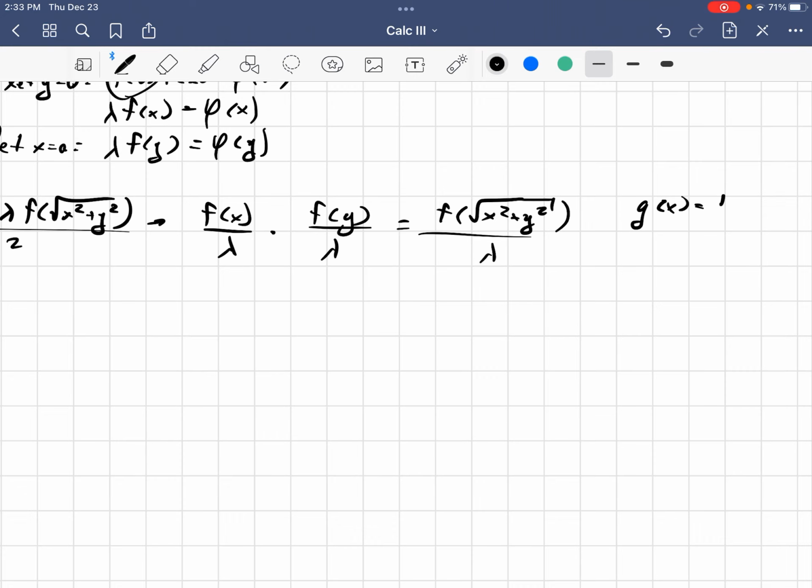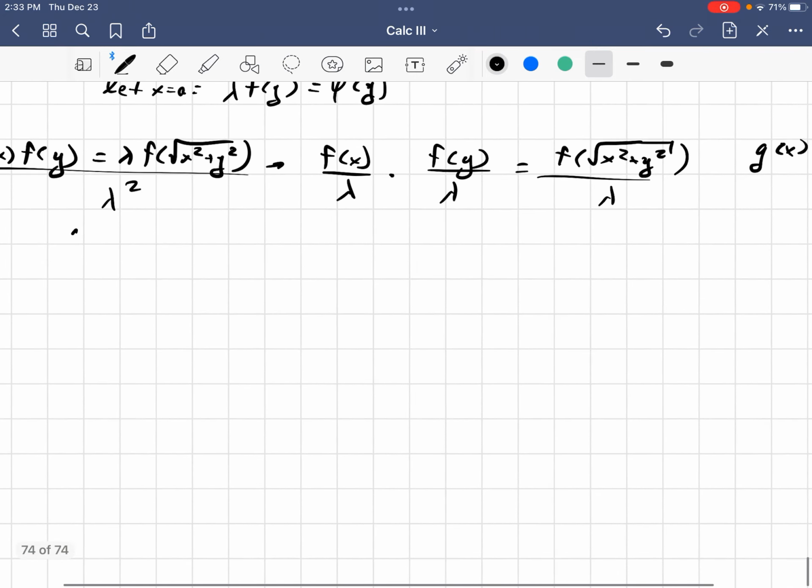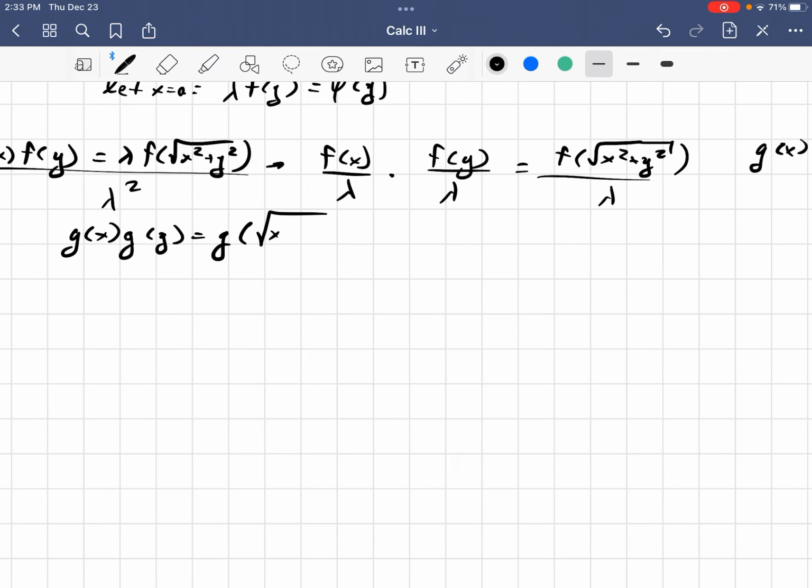I should let g of x be equal to f of x over lambda. And then I get g of x times g of y is equal to g of the square root of x squared plus y squared. Okay, now we have reduced this Gaussian curve, essentially, to finding functions that satisfy this relation here.